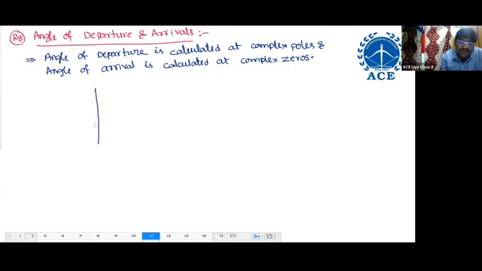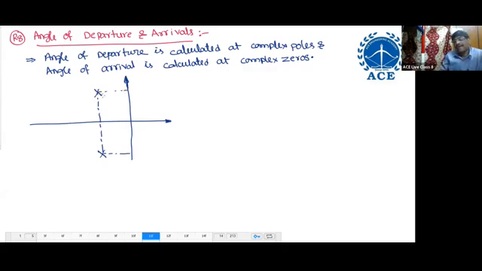For example, here complex poles are there. This is the complex pole. So what happens? As k increases, this pole should move in some direction.